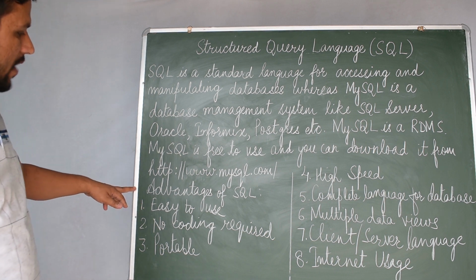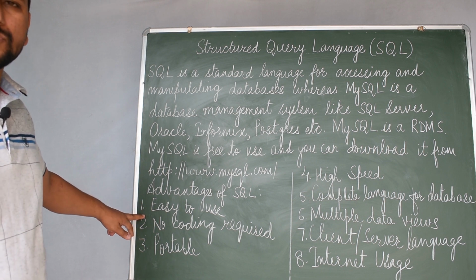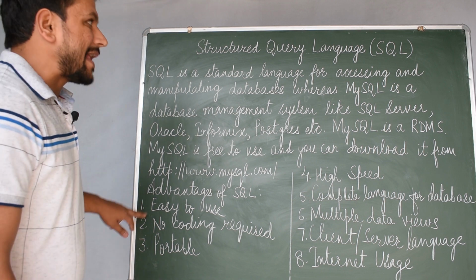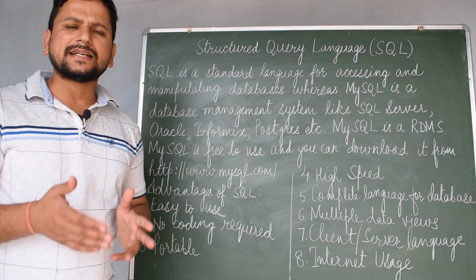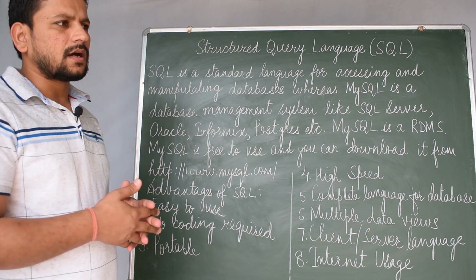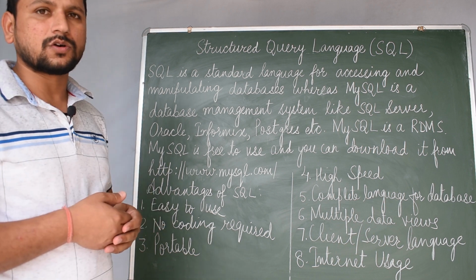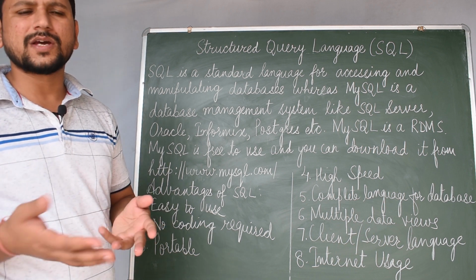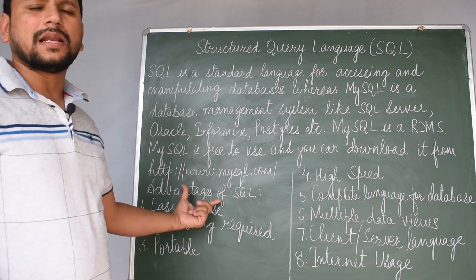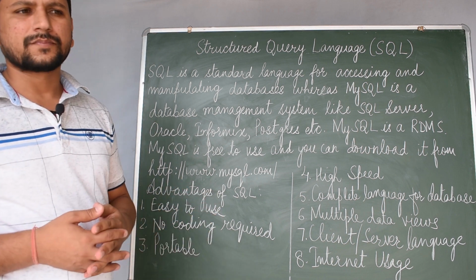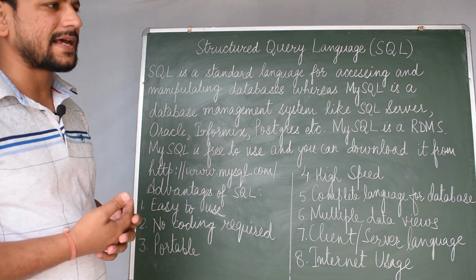The first advantage of SQL is that it is easy to use. Why do we say that it is easy to use? Because the SQL query language is similar to our English language. Whatever common sentences we speak, SQL is also like that. Let's take an example.